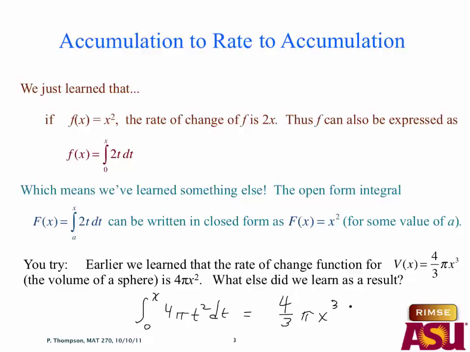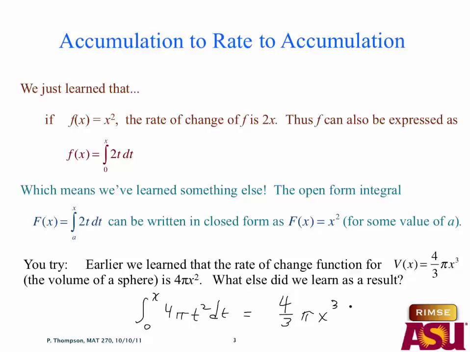So we learned that this accumulation function is that. That means we've learned a second thing. If we had an open form accumulation function, well, that has to be this accumulation function.